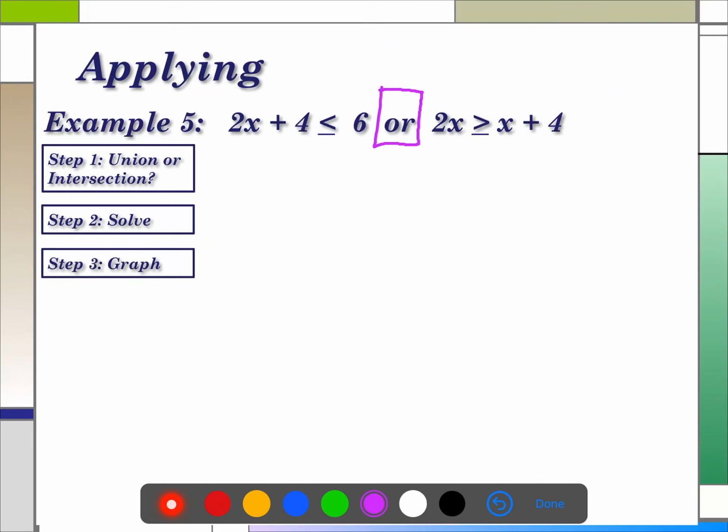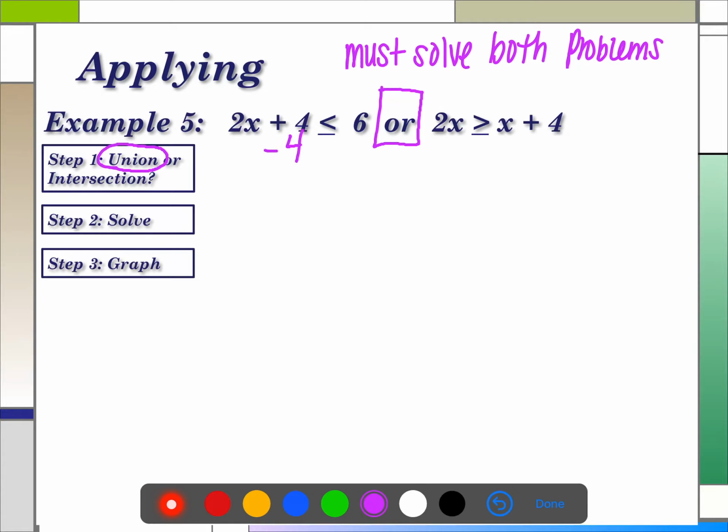Okay, so now even though it says the word "or," we must solve both problems. The "or" does not mean that it is a choice. The "or" is simply telling you this is a union. That's the key word.